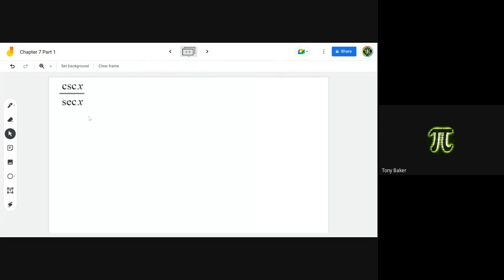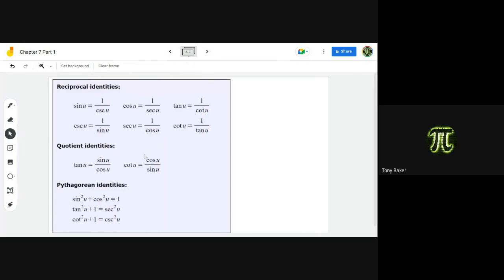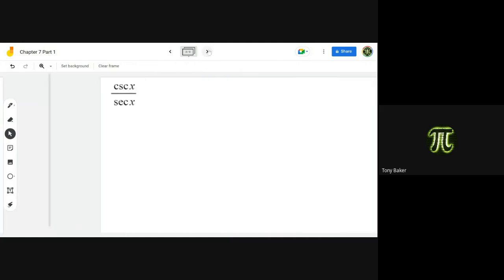So first step I would do is let's look at those and change them to sines and cosines. A lot of times, if you look at these rules here, a lot of the rules focus around sines and cosines. So if you can get them to sines and cosines, we might be able to do a lot more work with them. So let's start with that step.